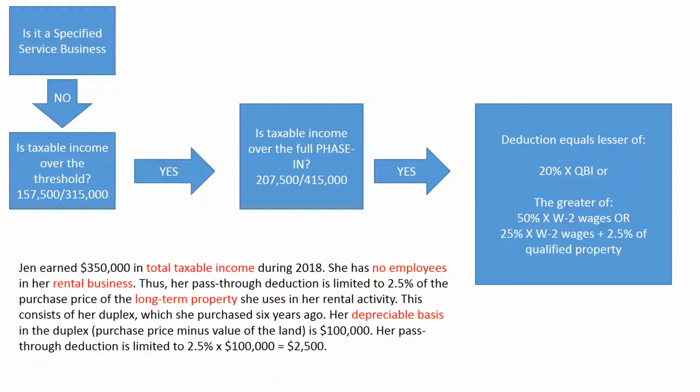Her depreciable basis in the duplex, which is purchase price minus the value of the land, is $100,000. Her pass-through deduction is limited to 2.5% of $100,000 or $2,500. The 2.5% deduction can be taken during the entire depreciation period for the property, which is 27.5 years for residential property. However, it can be no shorter than 10 years.